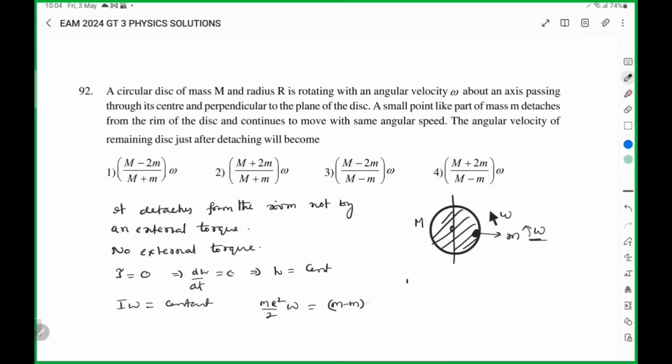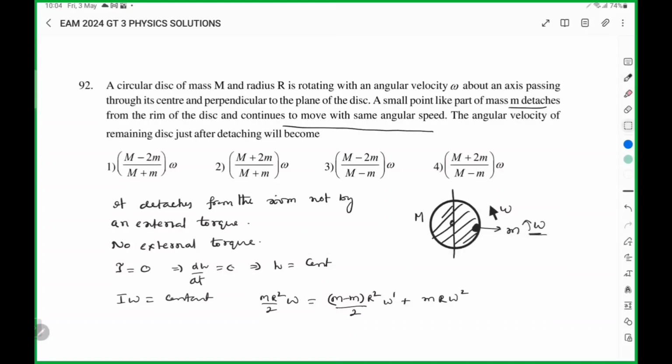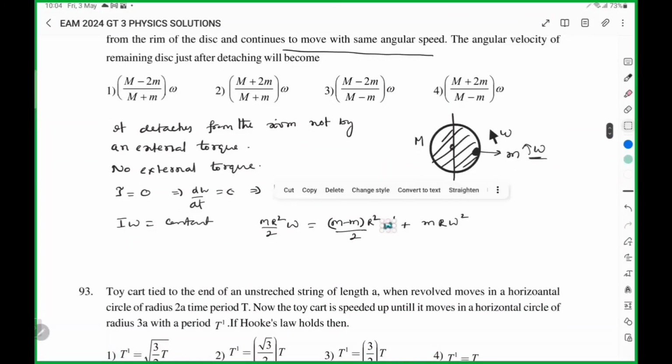Since a small mass is removed, its shape is almost the same, so we don't know its angular speed. He told that the detached mass continues to move with the same angular speed.